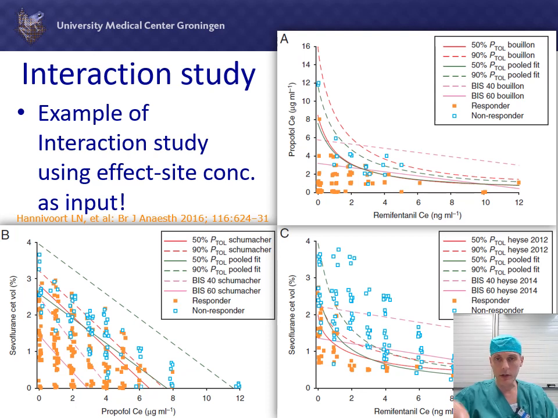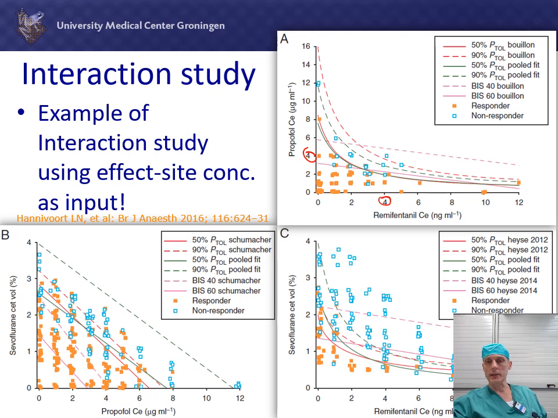And with the study by Bouillon of propofol versus remifentanil, we combined these papers in one single interaction model, where we expressed in a quantitative way how a combination of, for example, propofol and remifentanil results in a probability of tolerating laryngoscopy and results in a certain BIS number.